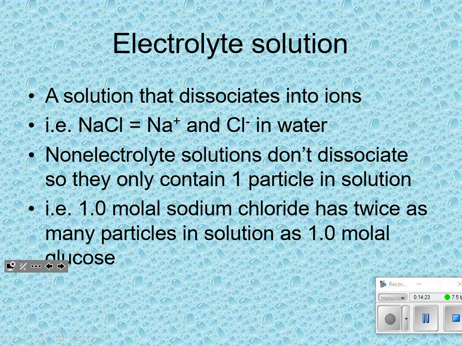Kind of like our dyes from the lab, it's just surrounded by water. If I were, and here comes molality, to take a 1.0 molal solution of sodium chloride, it would have twice as many particles floating around in it as a 1.0 molal solution of glucose. Because when I put sodium chloride in water, it breaks apart to sodium ion and chloride ion.